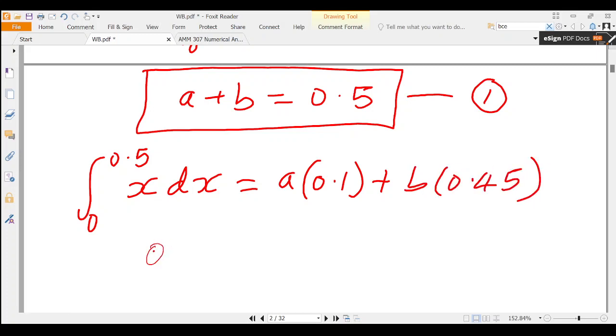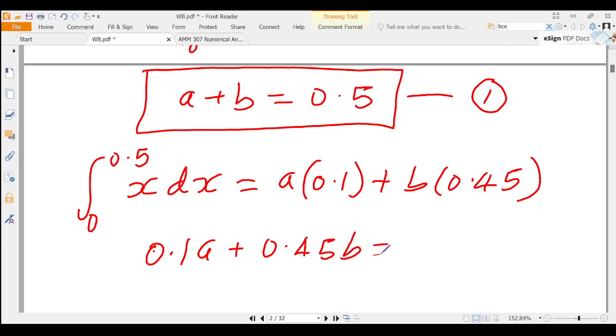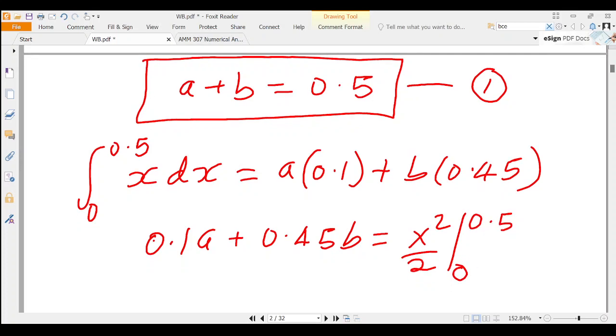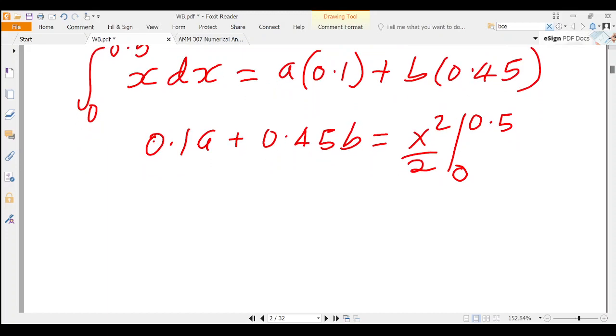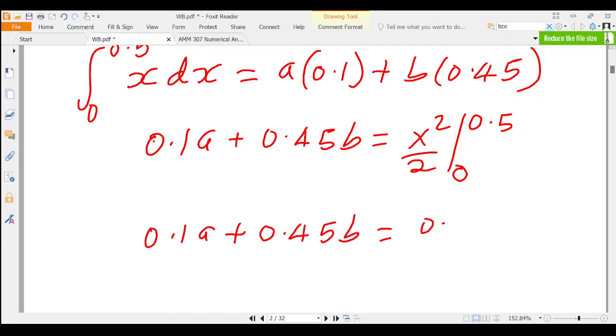So 0.1a plus 0.45b is equal to x squared over 2, with x from 0 to 0.5, which is 0.5 squared divided by 2.